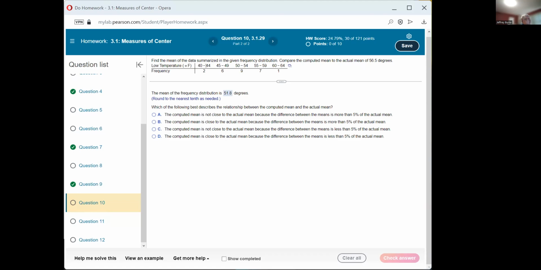For these, 40 plus 44 would be 84 divided by 2, so it'd be 42. This would be 47. We multiply each of the midpoints by the frequency, add these up, and then get the average of this. Okay. And the best way we can characterize this is that the computed mean is close to the actual mean because the difference between the means is less than 5% of the actual mean. It's going to be choice D.